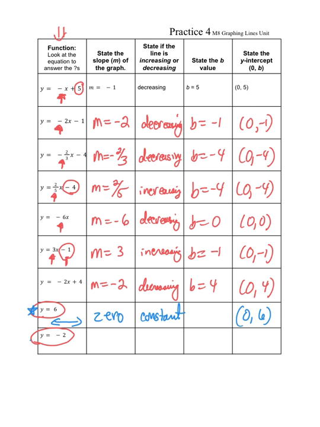Same thing with y equals -2, okay? There's only one variable in this equation, so because it's y, it's going to be a horizontal line. So the slope is 0. We call it a constant. And then it's going to hit the y-axis at 0, -2.